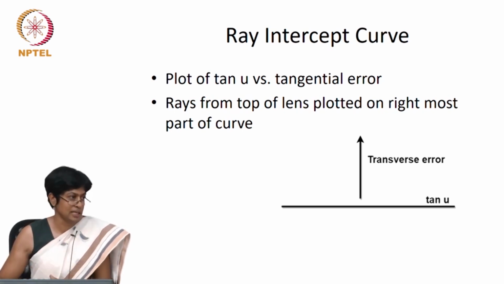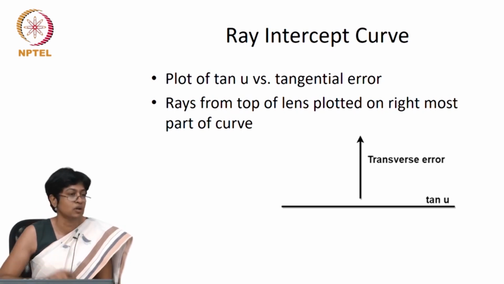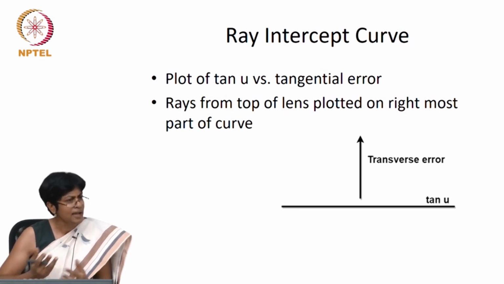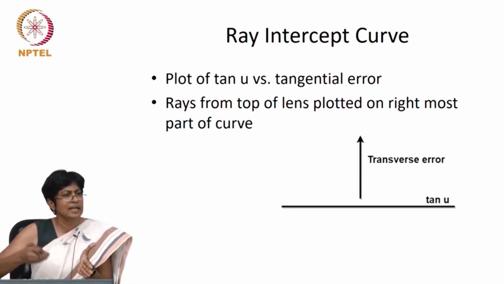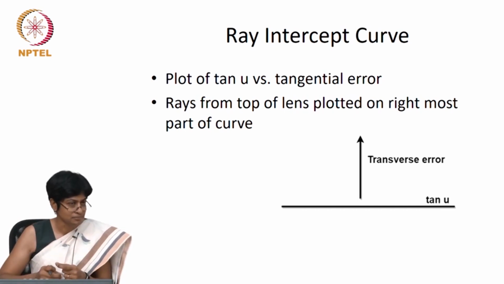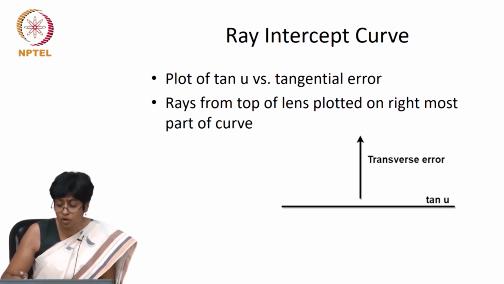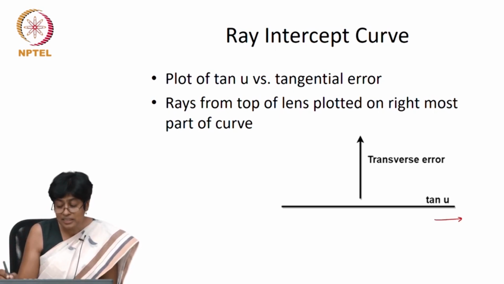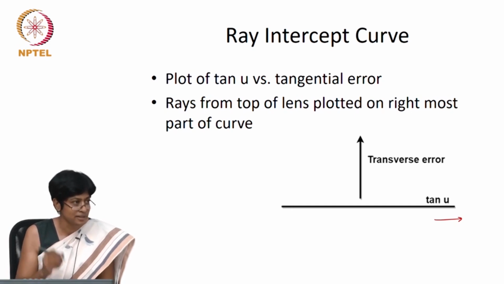One way of plotting aberrations is to plot something called the ray intercept curve, and it is basically where the ray intercepts the paraxial image plane. But rather than plot it in terms of x and y, we plot it in terms of this axis, the tangent of the angle that ray makes.